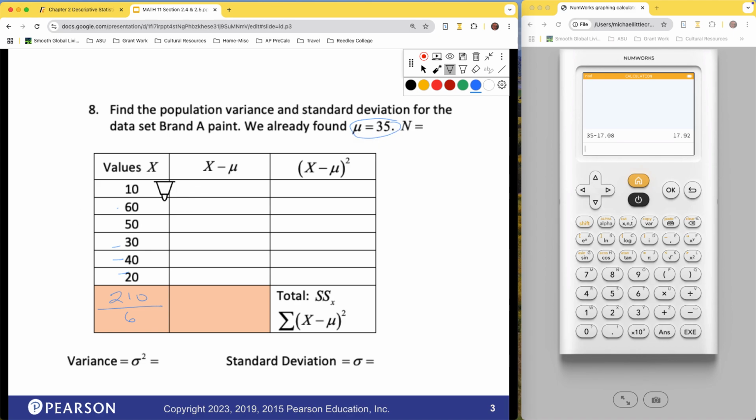So what we do to calculate the standard deviation is we take each data value and we subtract the mean.